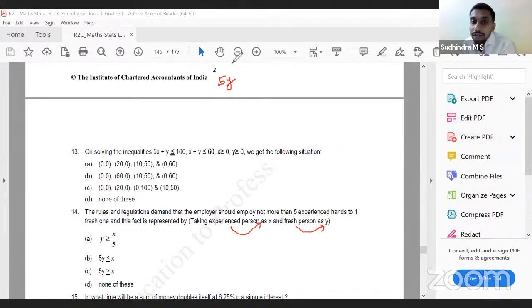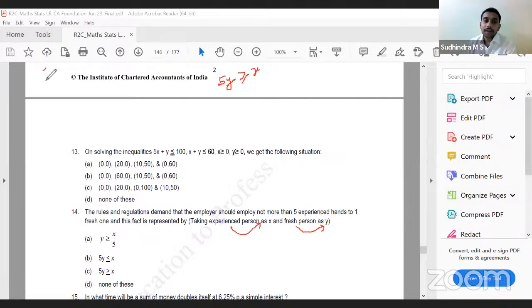That means 5y should be greater than or equal to X. It should always be, because experienced people cannot exceed 5 times the fresh. So when I multiply fresh people by 5, it cannot be less than experienced. It should always be greater than or equal to X.